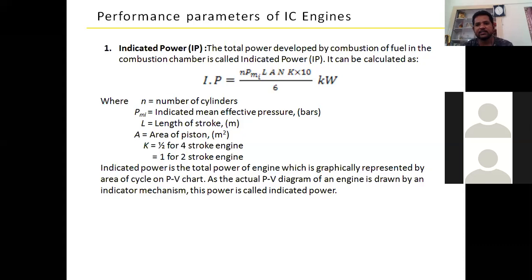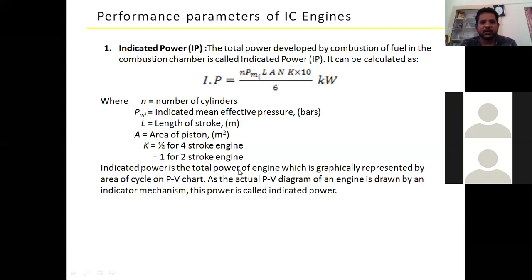So how exactly is this conversion happening, where is the shortfall in the power, whether it is in the mechanical part or in the cylinder, whether it is proper burning. All that we can see using these performance parameters. One by one we'll look into it. This will be useful for us to solve problems based on these performance parameters.